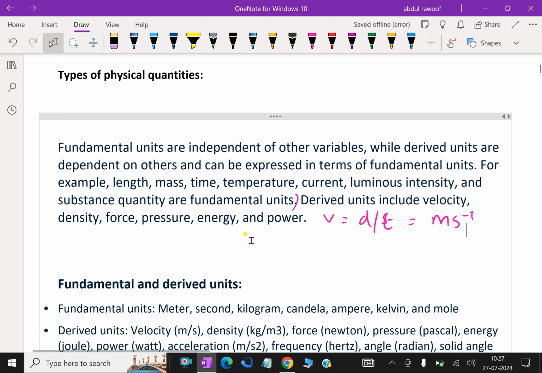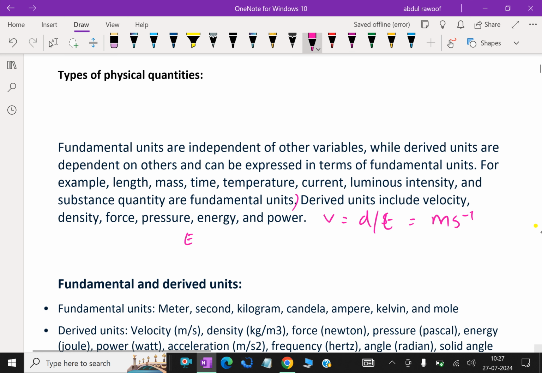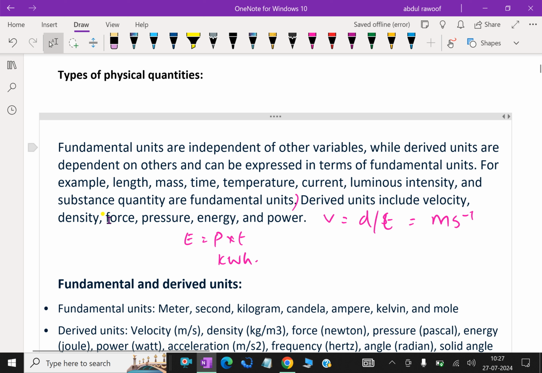Like energy is power into time. Energy equals power into time. We can say the unit is kilowatt hour. Like we can define other things. Suppose density is mass per volume.